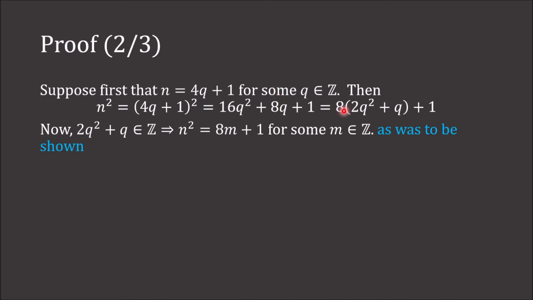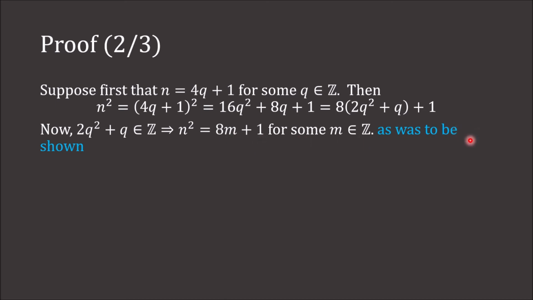So we have 8 times the quantity 2q squared plus q, and then all that's plus 1. Now, 2q squared plus q is an integer, right? Because it is the sum and product of integers. So this means that we just wrote n squared as 8 times an integer m plus 1, which was to be shown.